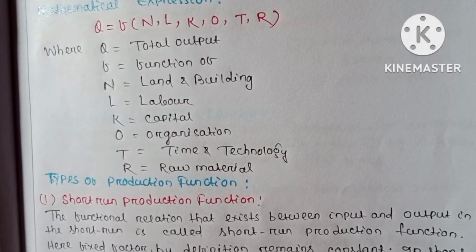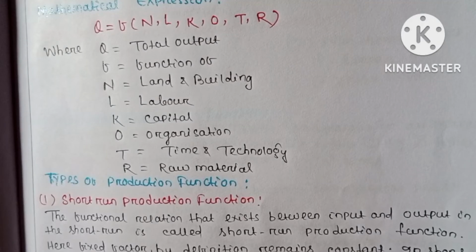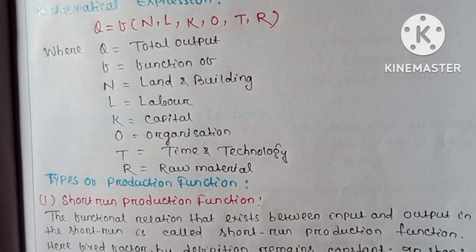Please keep in mind, in the short run at least one factor is fixed, and we can change the level of output by changing the variable factors only, because within the short period of time it is not possible to change the fixed factors like building, machine, capital.